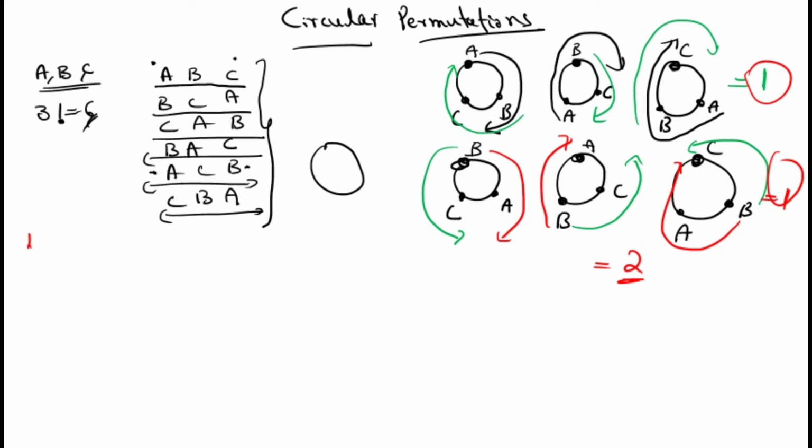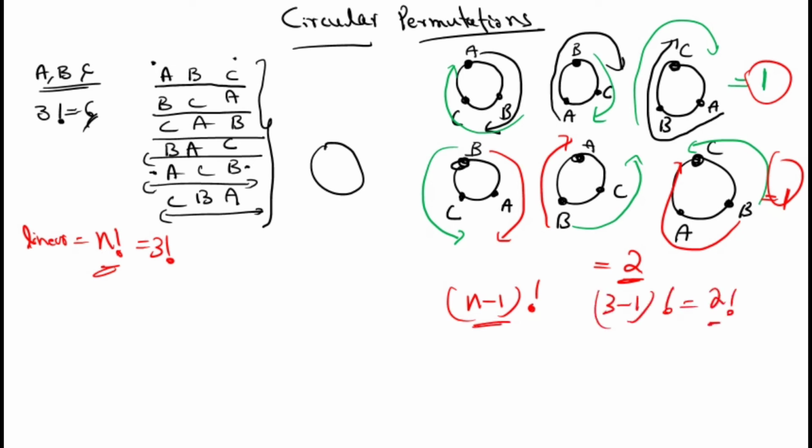In a linear permutation, we have n factorial, that is 3 factorial permutations. But here there exist only n minus 1 factorial arrangements. Yes or no? 3 minus 1 factorial is equal to 2 factorial.